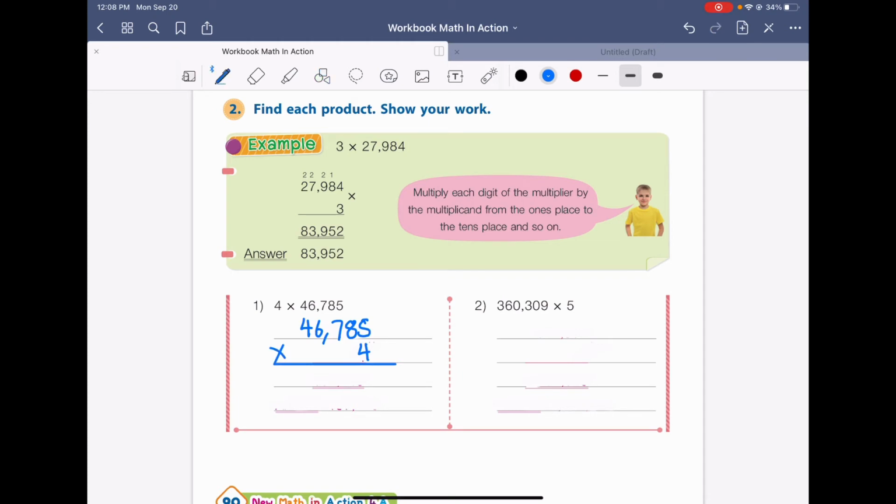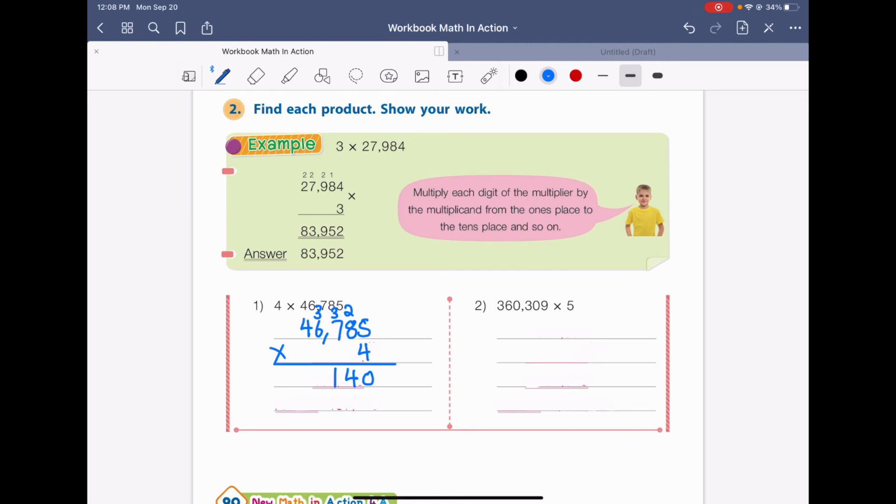All right. So 5 times 4 is 20. Carry over the 2. 4 times 8 is 32. Plus 2, 34. Carry over the 3. 4 times 7 is 28. Plus 3, 31. Carry over the 3. 4 times 6 is 24.